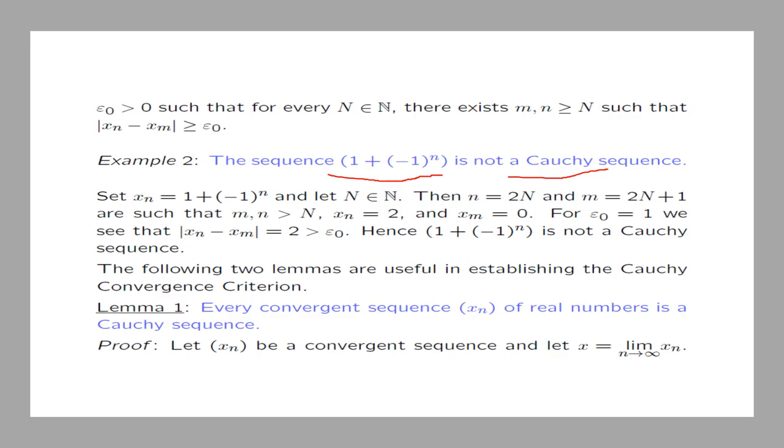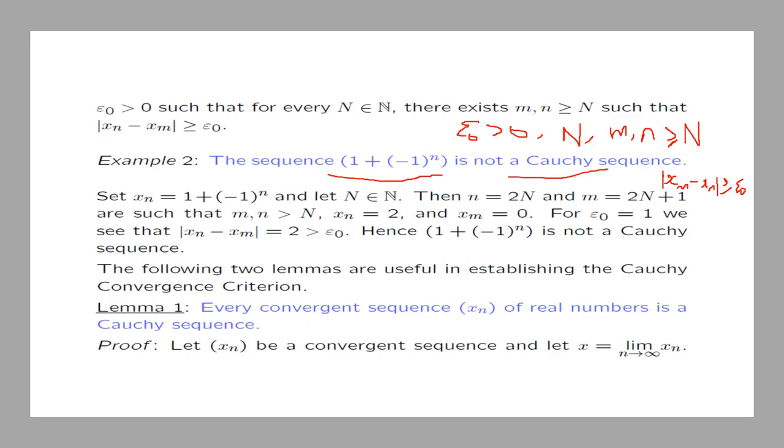So that means that we need to find some epsilon bigger than 0, such that for any natural number N, you will find natural numbers m and n bigger or equal to N, such that the distance between xm and xn would be bigger or equal to epsilon 0. And that's what we want to do.